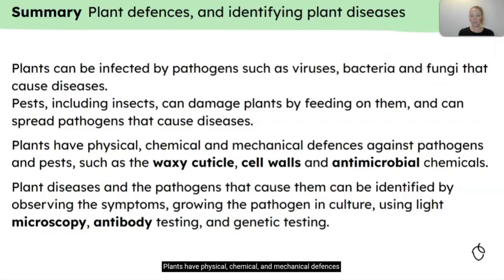Plants have physical, chemical and mechanical defences against pathogens and pests, such as the waxy cuticle, cell walls and antimicrobial chemicals. Plant diseases and the pathogens that cause them can be identified by observing the symptoms, growing the pathogen in culture, using light microscopy, antibody testing and genetic testing.